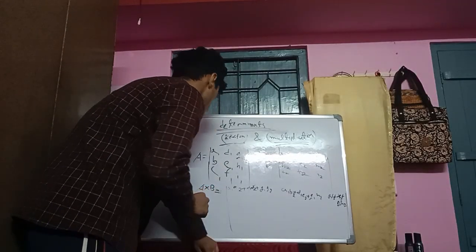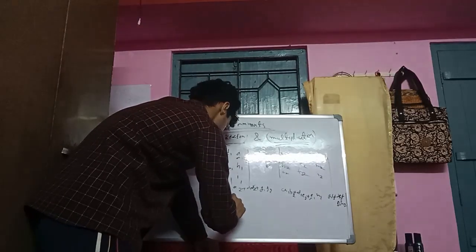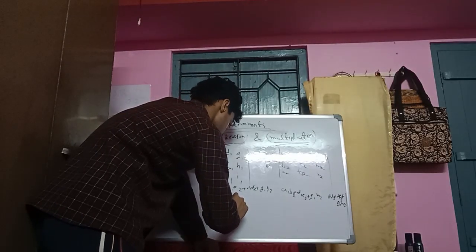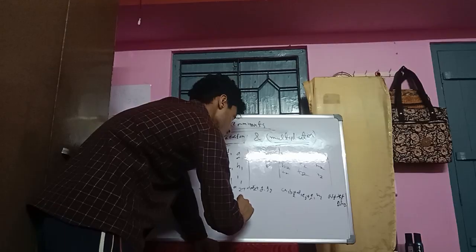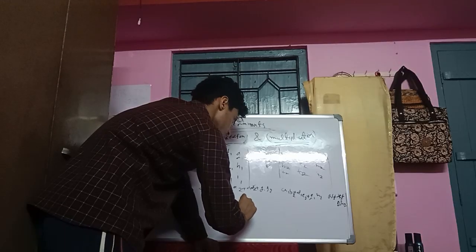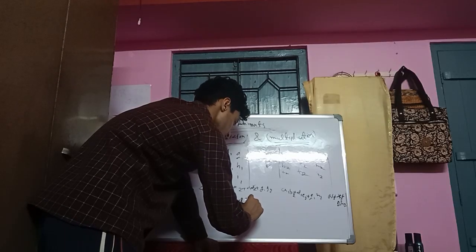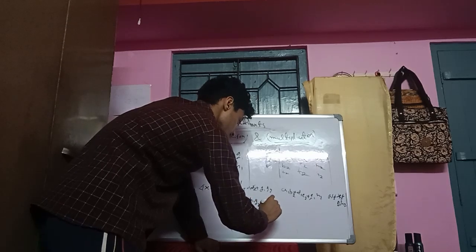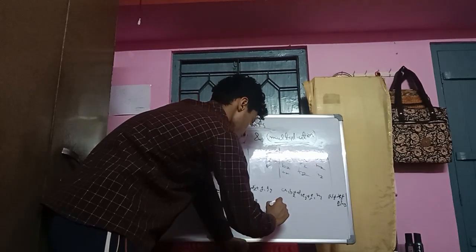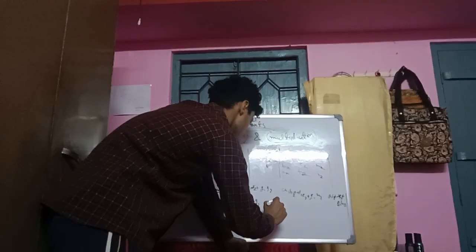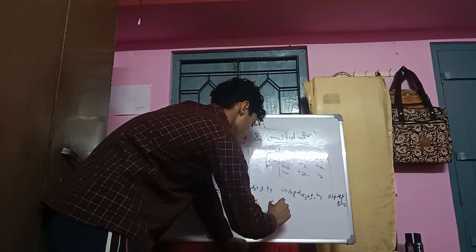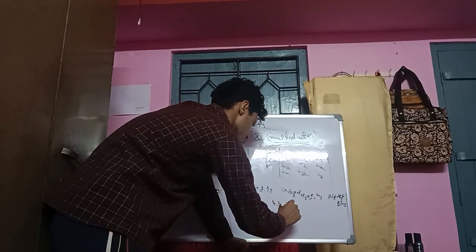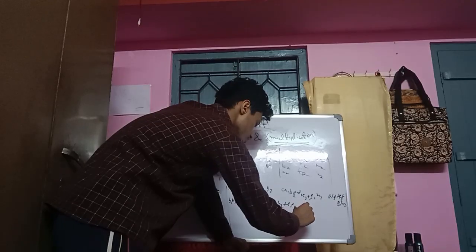Then the second row would look like B1 A2 plus E1 D2 plus H1 G2. The second element would be B1 B2 plus E1 E2 plus H1 H2.